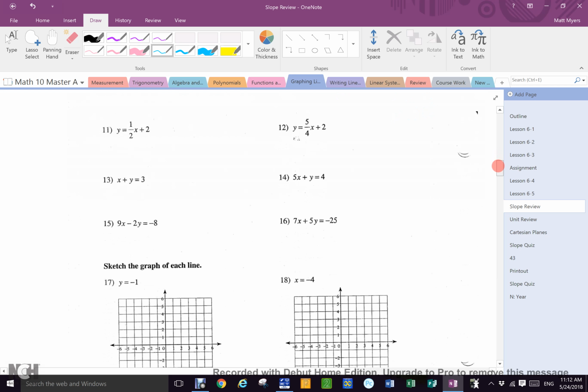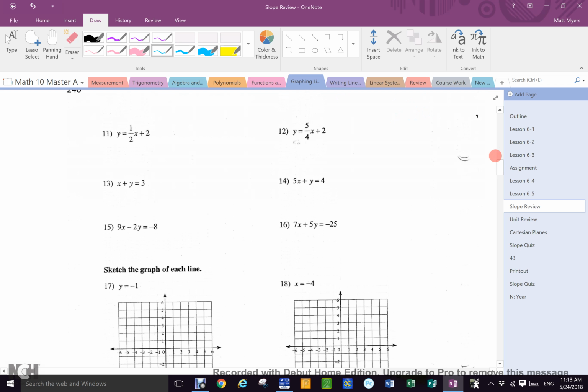Turn the page over. Is that slope-intercept form? Yes, so the slope is 1/2. Is that? Yes, so the slope is 5/4. Is that? No, y equals negative x plus 3, so the slope is negative 1.